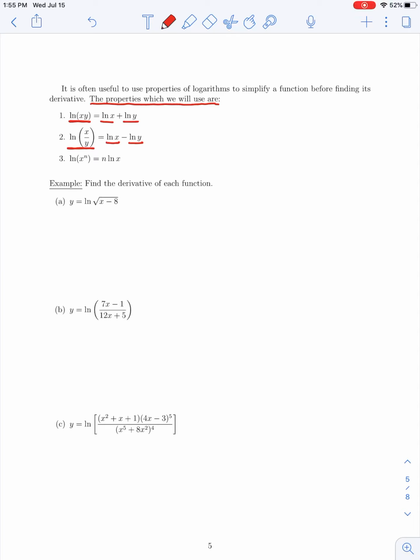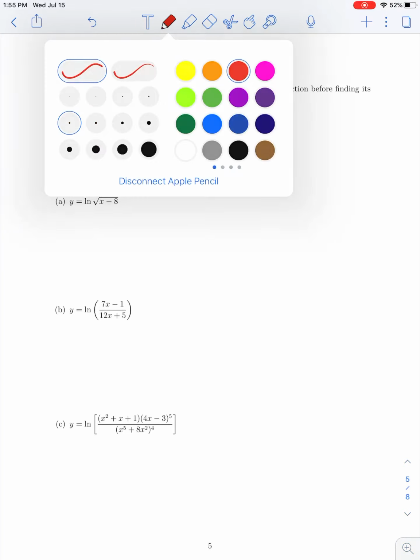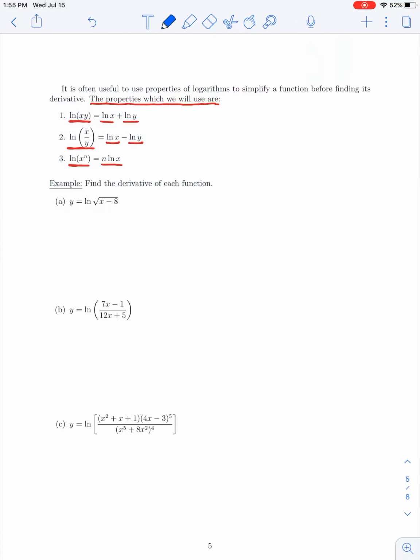And the last property, which we've already made use of in the last lecture when we were looking at the proof of the derivative for a to the x, is property number 3, which says that the natural log of x raised to some power n is the same as n times the natural log of x. So you can take exponents out in front of logarithms, and it's the same value.